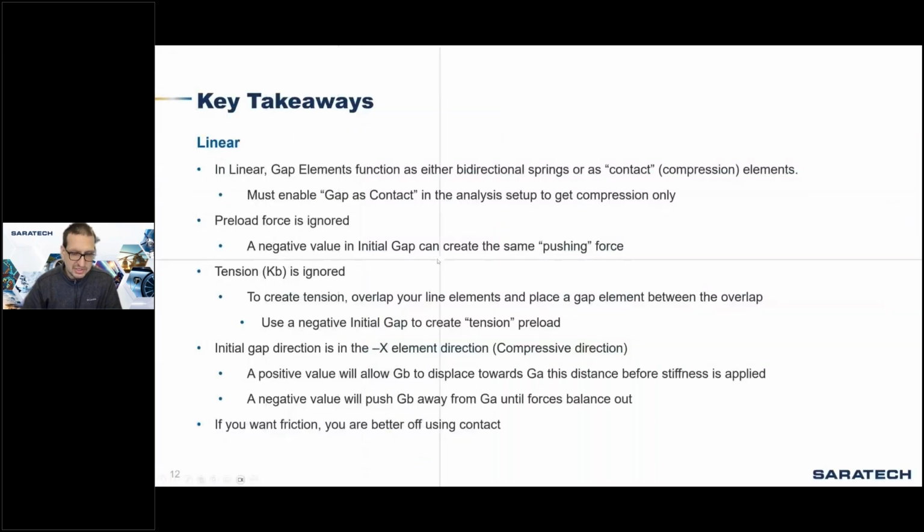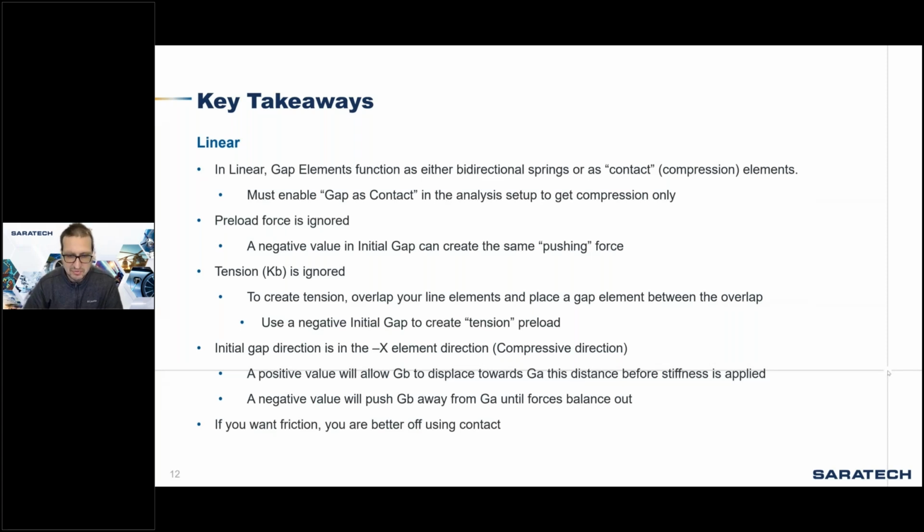So a negative value initial gap can create the same pushing force. Also keep in mind, tension KB is ignored. That's why we had to use that compression only. We can't use tension stiffness. And we also still want to remember that initial gap direction is that negative X element direction for that compressive direction. Friction also has limitations.